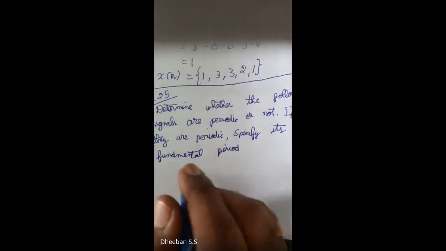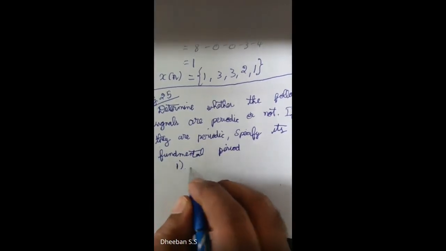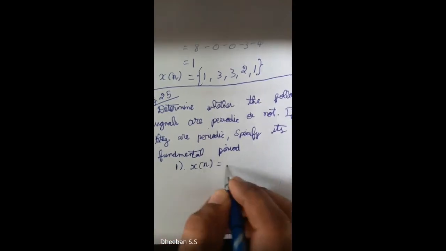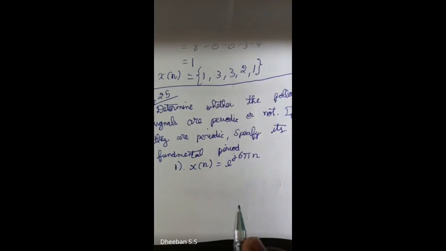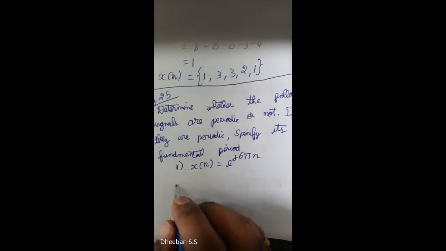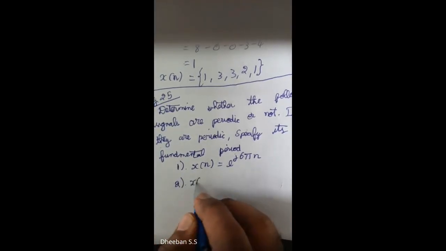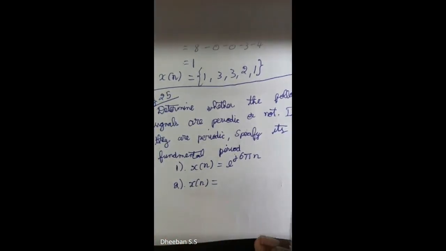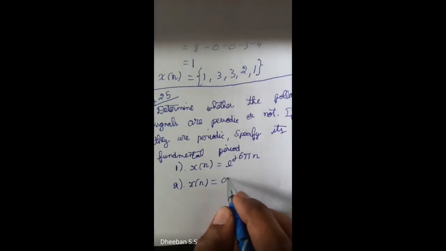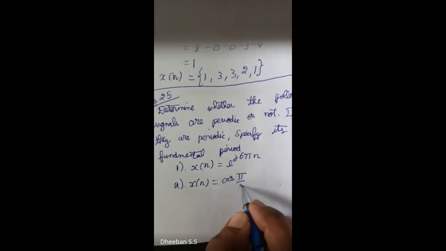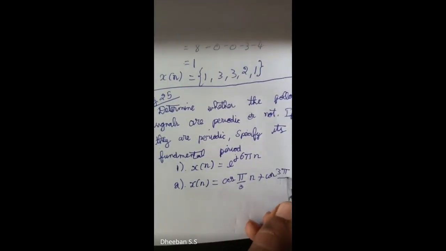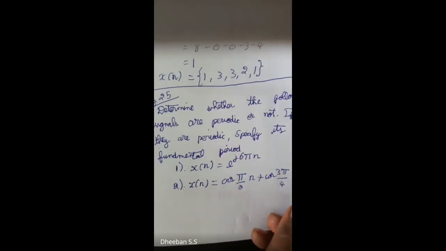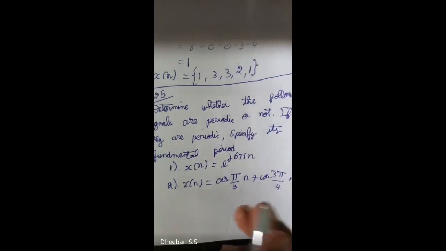So the first one is x of n equal to e power j 6 pi n. The second one is x of n equal to cos pi by 3 n plus cos 3 pi by 4 n.